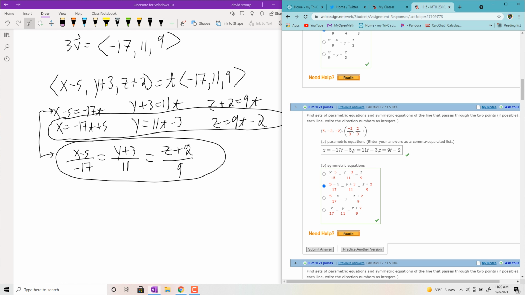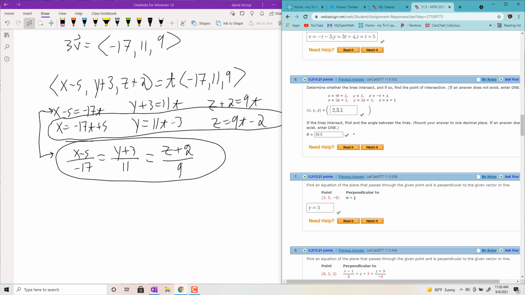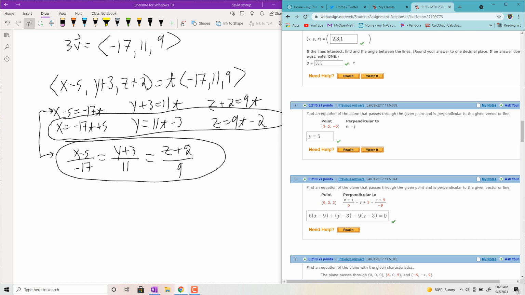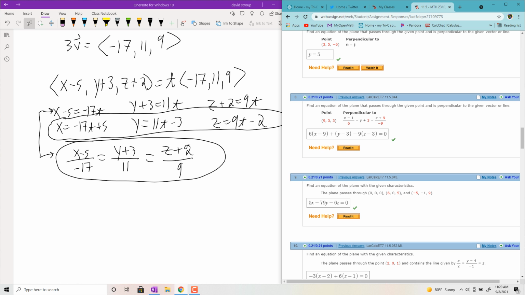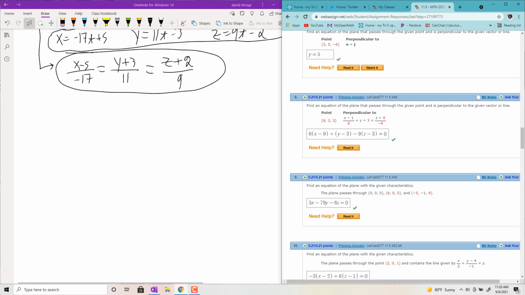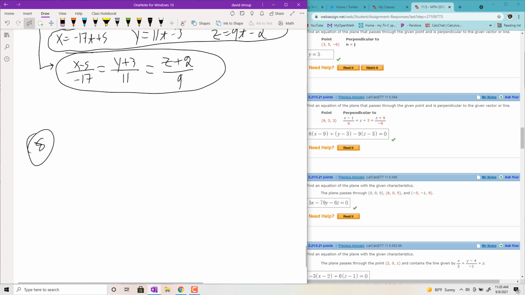Finding equations of a plane. So let's try number 8. The point on the plane is 9, 3, 3, and it's perpendicular to this line. So let's say t equals x minus 1 over 6.